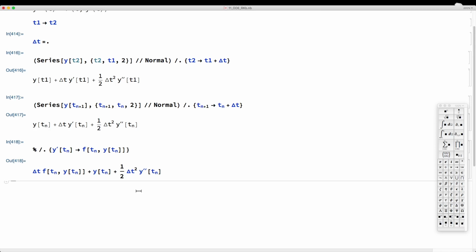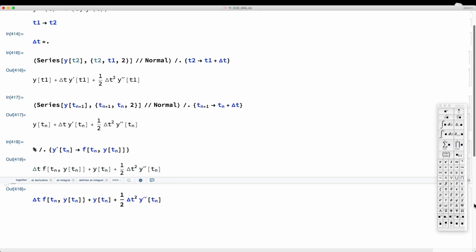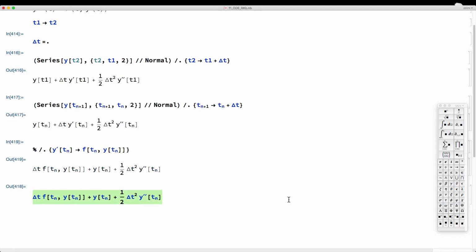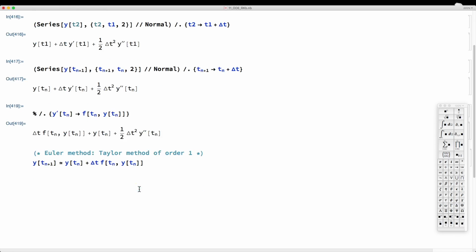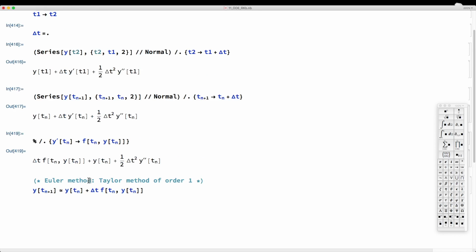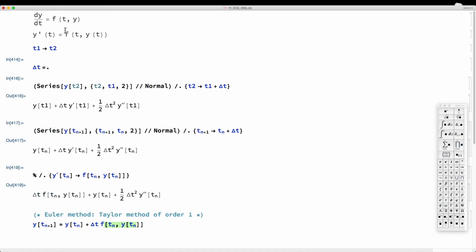Let me paste this correctly. Okay, so the Euler method is essentially a Taylor method of order 1, and it consists of approximating y of tn plus 1 with y of tn plus delta t times the function f, which appears here in this differential equation.